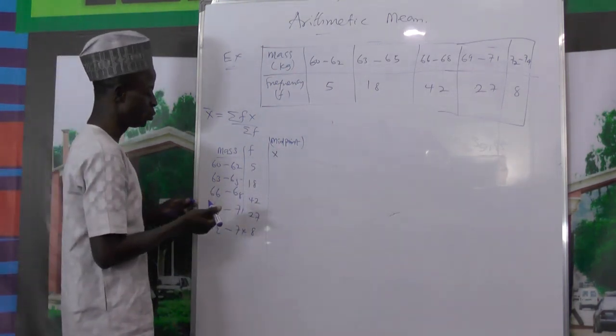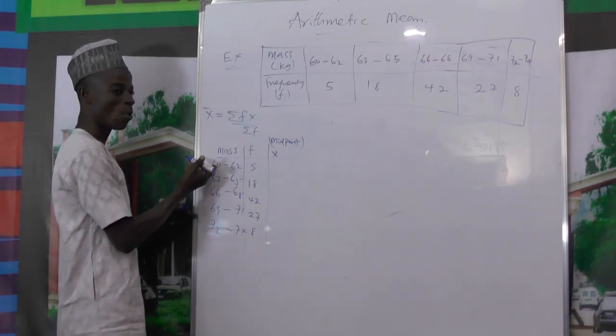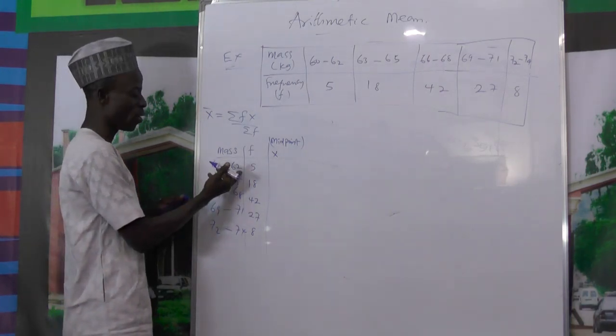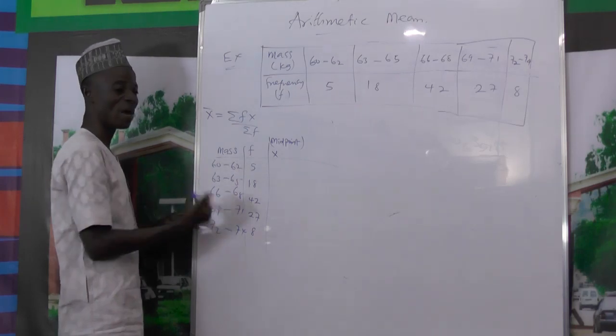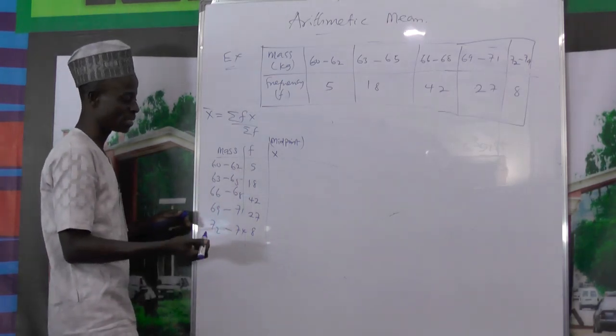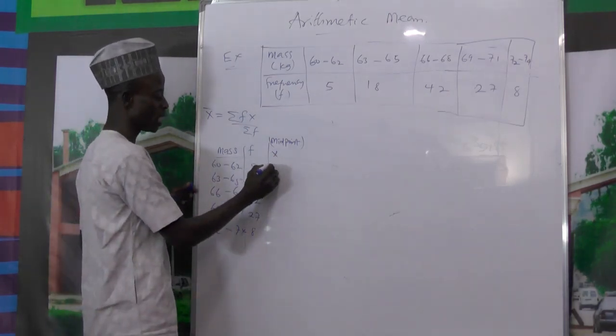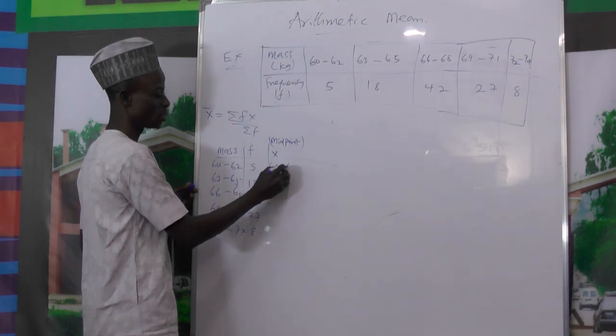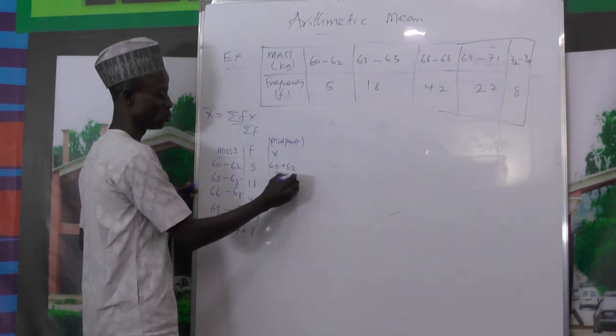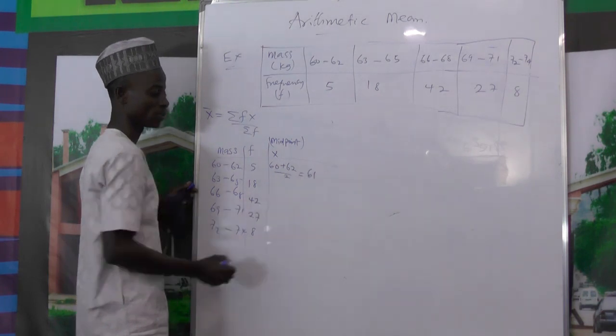What we just do is that you add the lower part of this side and the upper side of this side and you divide by 2. What I'm saying in essence is that your x in this place will now be 60 plus 62 divided by 2, which will give you 61.